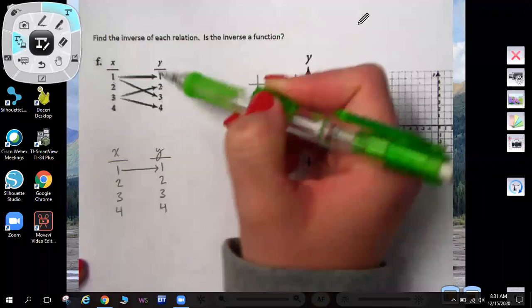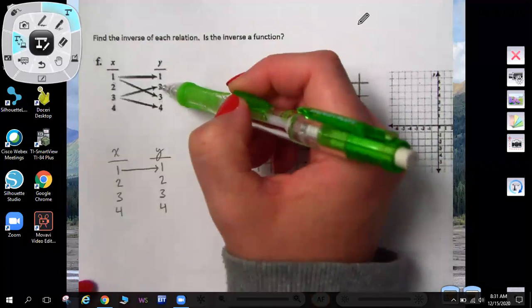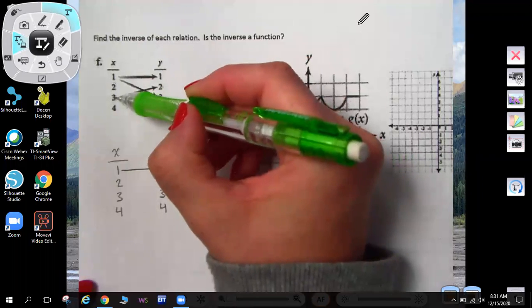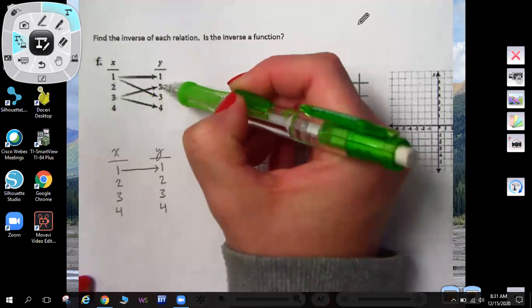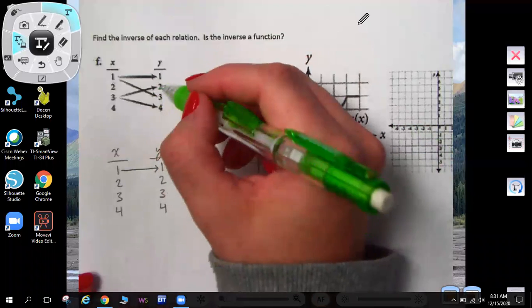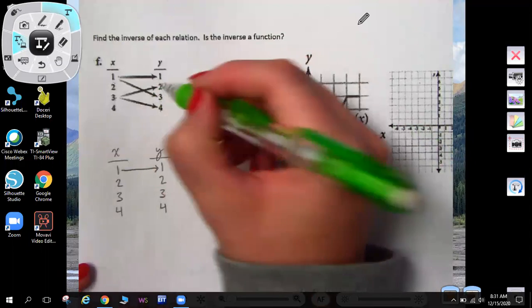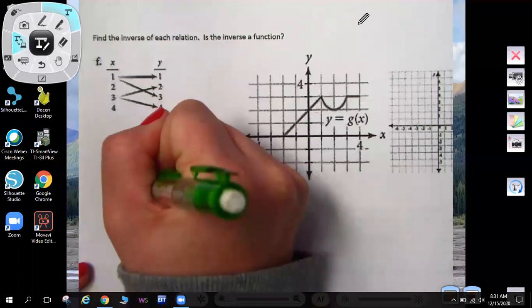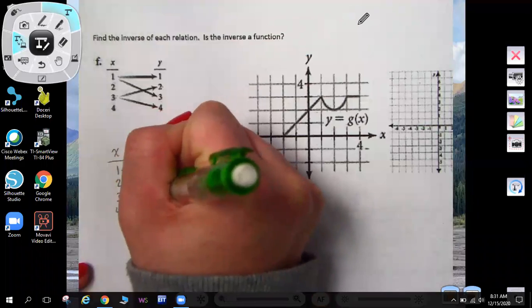Okay, if we look in our y column, we have a y value of 2 that has an arrow from an x value of 3. So when we switch the x and the y, now we will have an x value of 2 going to a y value of 3.